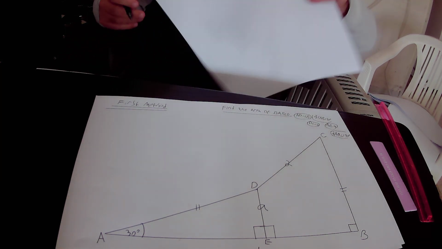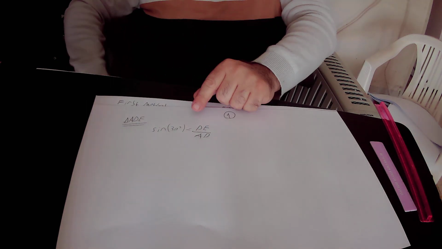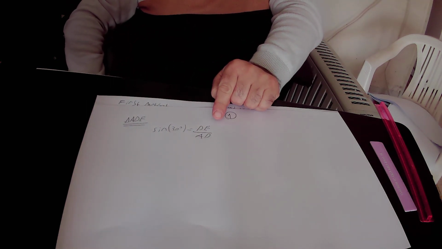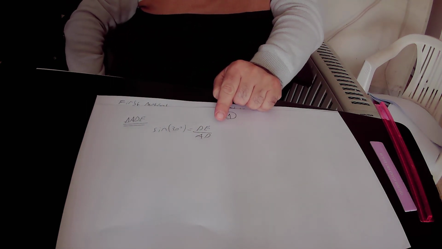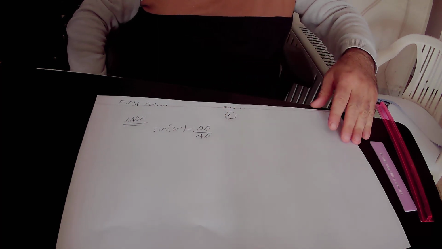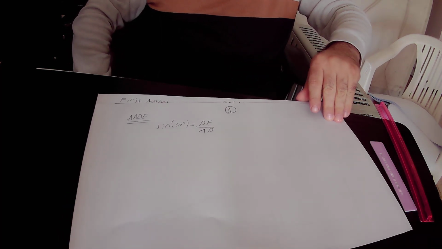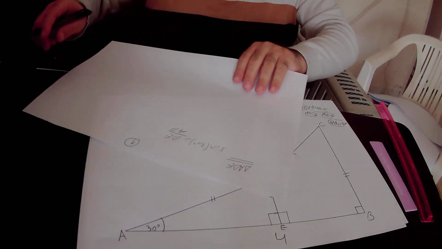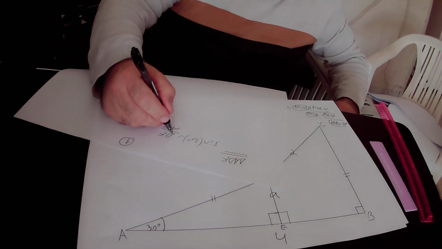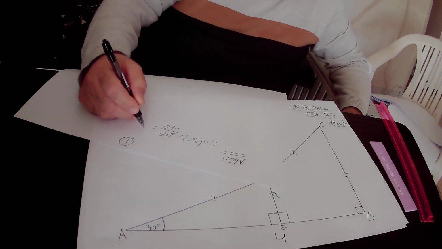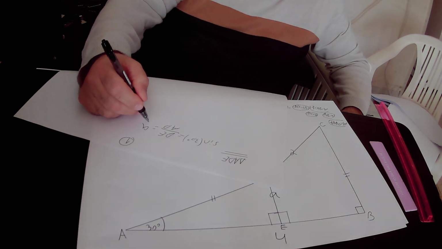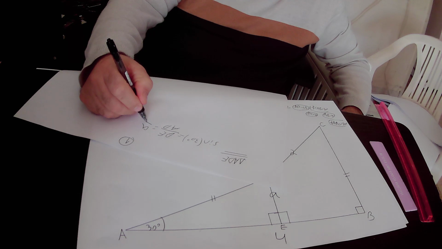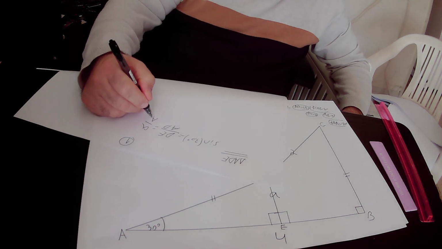I'll repeat again, in the right triangle ADE, sine 30 degrees equals DE over AD, but DE equals A units according to our definition, so we will substitute DE by A.